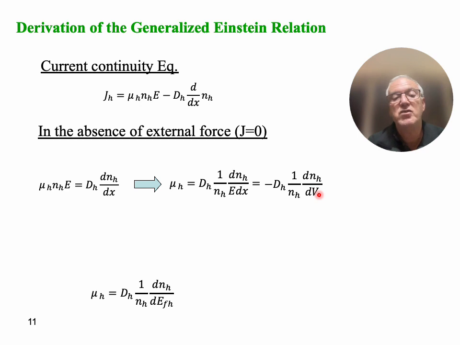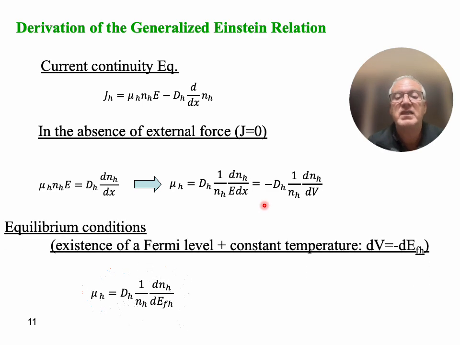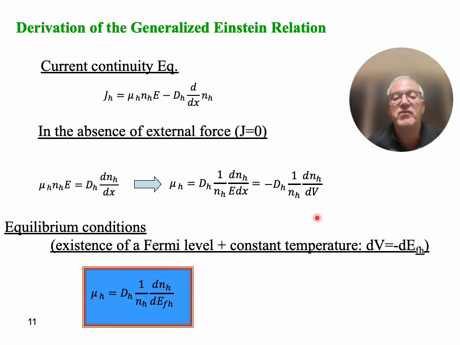The next thing we need to do is to remind ourselves that we are thinking of a quasi-equilibrium. And in that case, we can replace the voltage drop with the change in the Fermi level, or the quasi-Fermi level. And when we do that, we arrive at this final expression, where you can see that the ratio between diffusion and mobility is related to the derivative of the charge density with the Fermi energy.